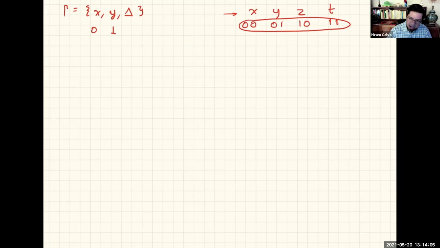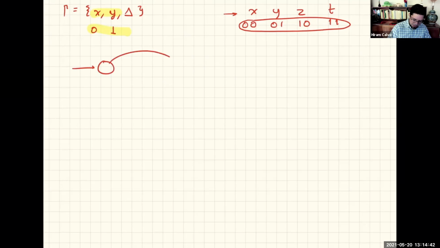So for the following examples, we will assume that we have only two symbols, X and Y, or 0 and 1. If you go to Sipser, Sipser always begins with 0 and 1, and we will mostly use X and Y, but it's the same. I just want to stress that you can do anything you want with only two symbols. Well, so we will define a machine whose purpose is just moving to the right.